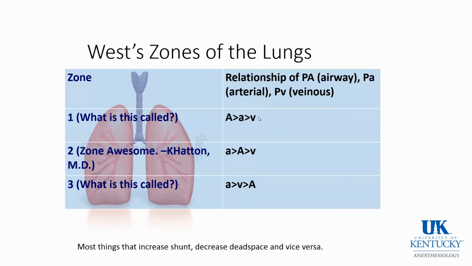Okay, and in zone 1 the airway pressure is the highest. In zone 2 the arterial pressure is greater than the airway, which is greater than the venous, so it's right in the middle. And in zone 3, the arterial and venous pressure are both higher than the airway pressure. So think about what these would correspond to. If you had to label one of these shunt and one of these dead space, think about what that would be. Okay.